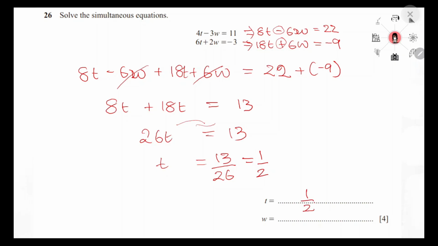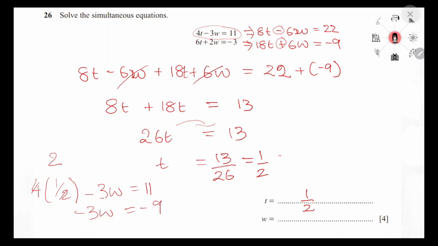Now to find w, we'll substitute 1 by 2 for t into one of these equations. I'll choose the first one. So 4 times 1 by 2 minus 3w equals 11. 4 times 1 by 2 gives us 2, and we'll take 2 to the other side, giving us minus 3w equals 11 minus 2.